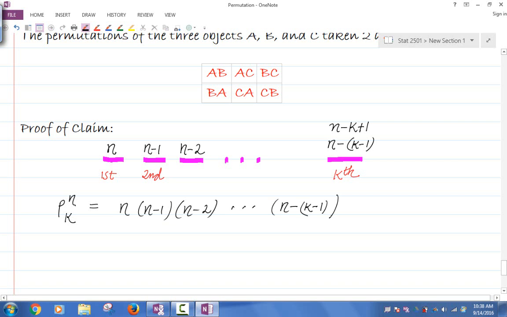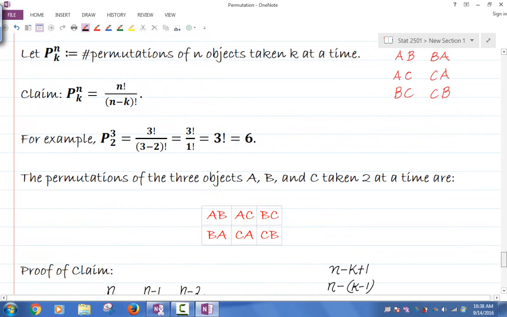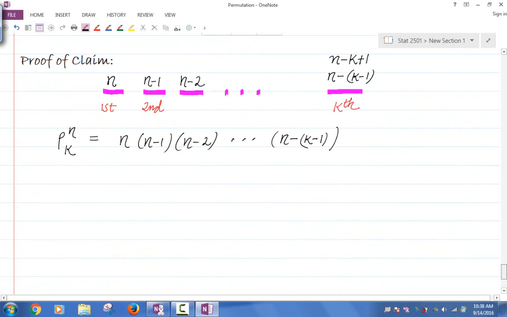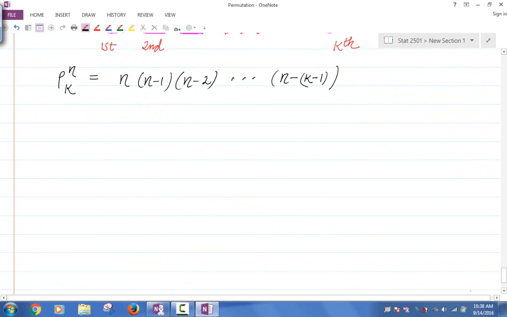right? Does that look like my claim? Oops, not yet. It doesn't look like my claim, so what should I do? Well, what we're going to do now is force this quantity to be n factorial. This is not n factorial right now.